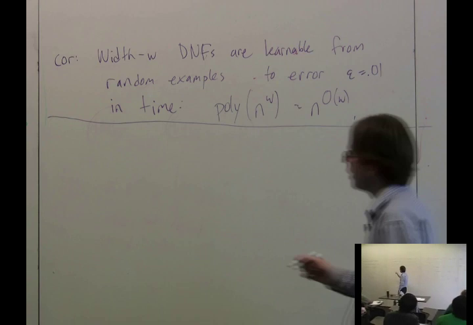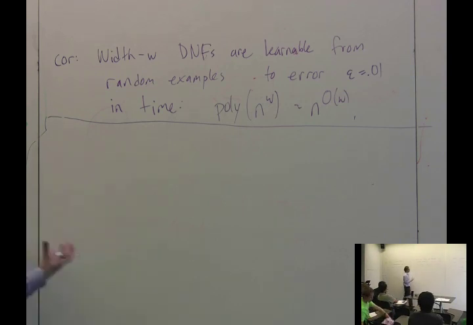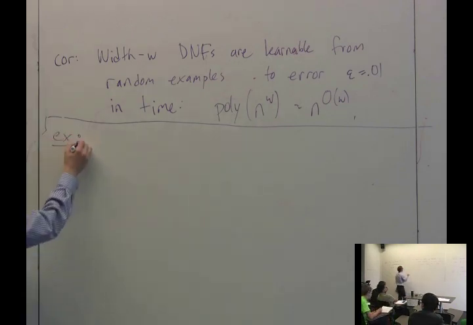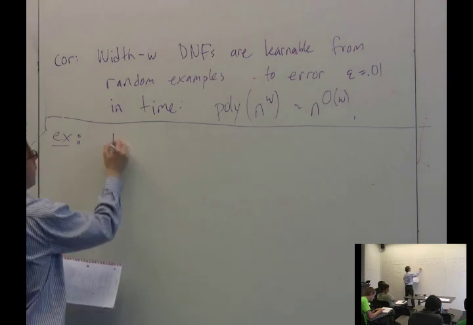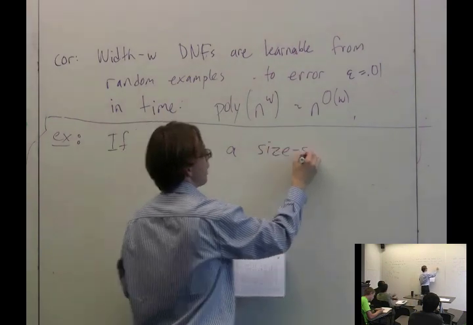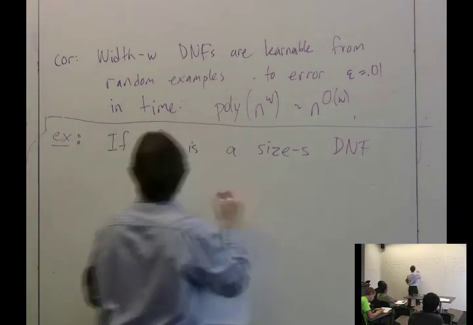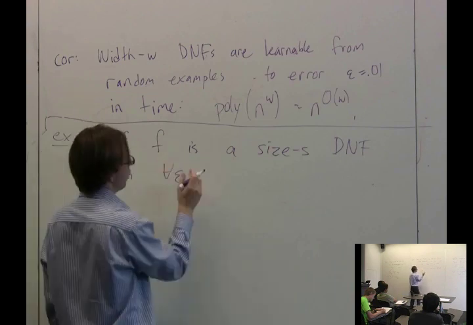Now, in learning theory and in the study of circuit complexity as well, it's somewhat more common to focus on the size of a DNF rather than its width. For proving stuff, the width is the best parameter, but if you just think about it naturally, people care more about size. But these are related quantities, so I'll leave the following statement also as an exercise. If f is computable by a size S DNF, then for all epsilon, it's close to a function which is computed by a narrow DNF.